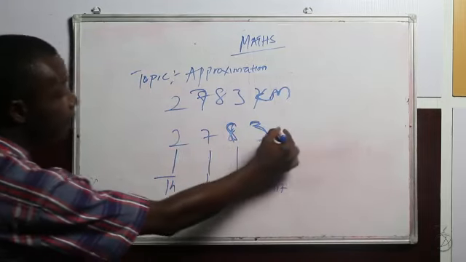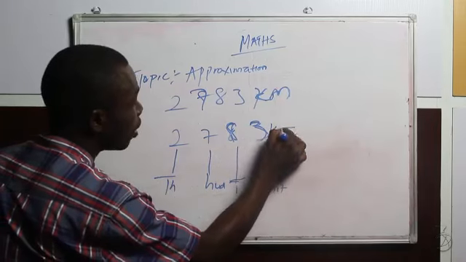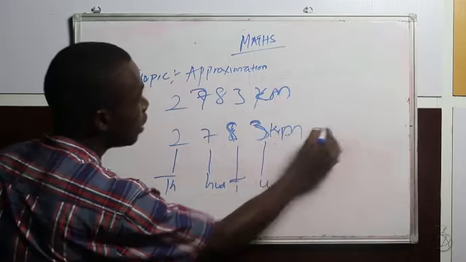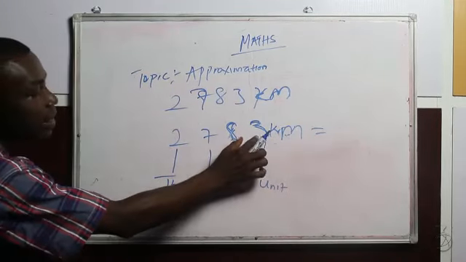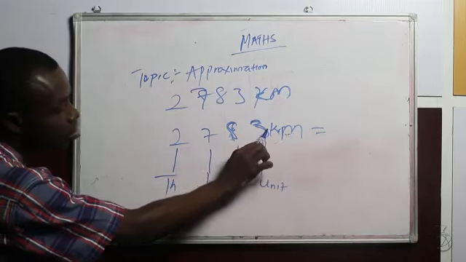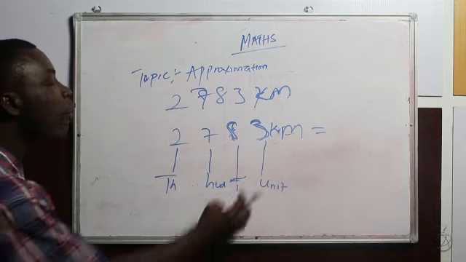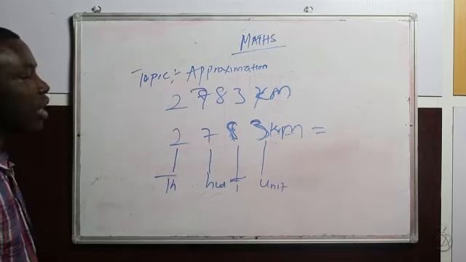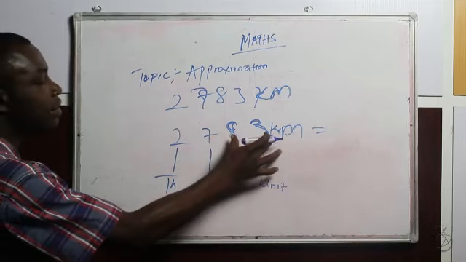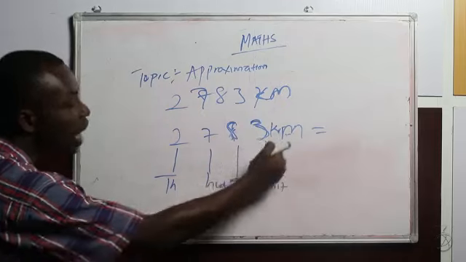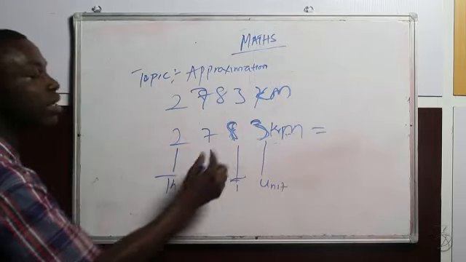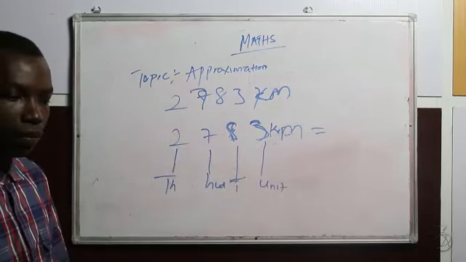So if we approximate this kilometer to the nearest 10, it means this unit here, 3, is not up to 5. Therefore, we have to round down to 0. That was why I drew a line: round down to 0. This 3 lies in the round down to 0 part of the number line I drew.